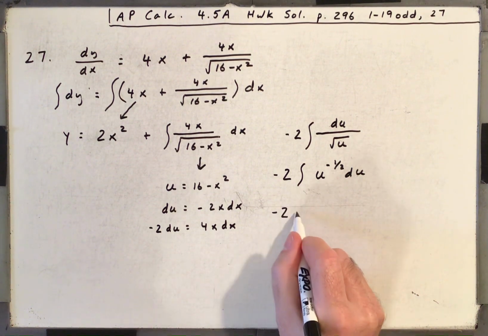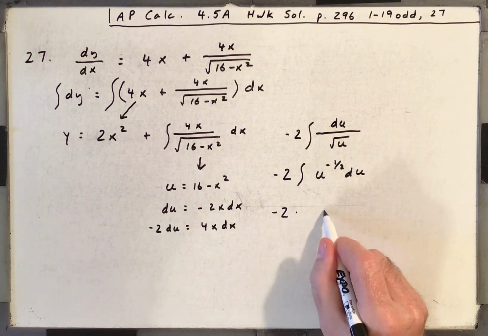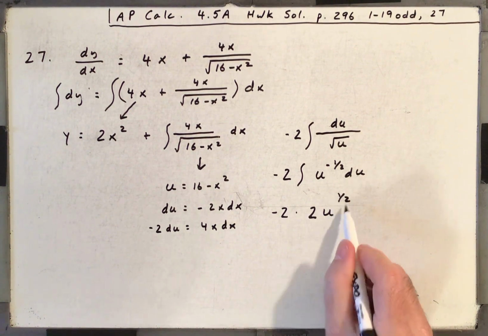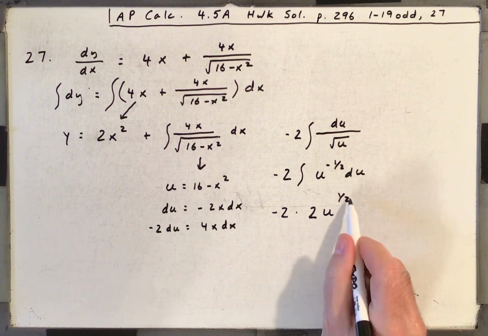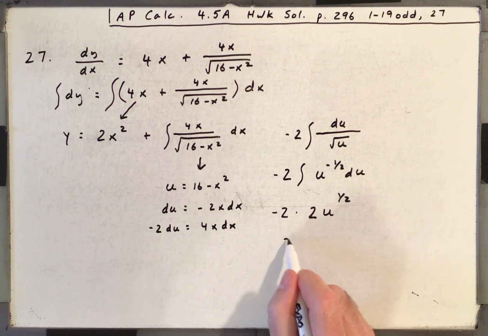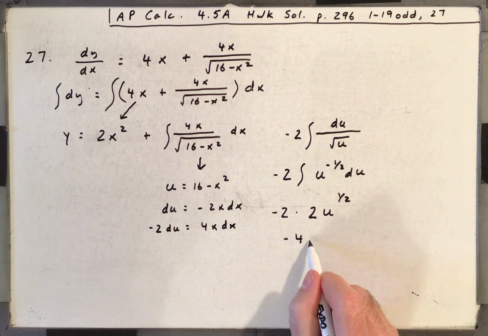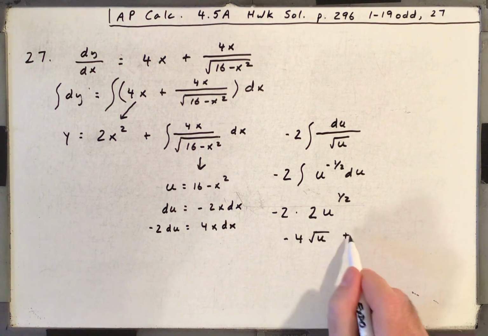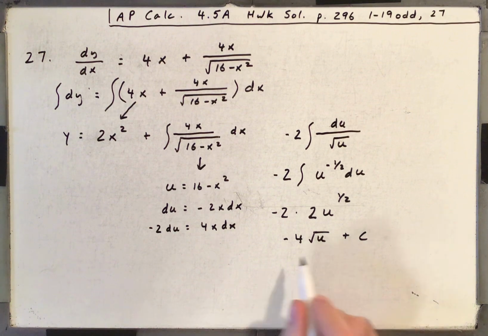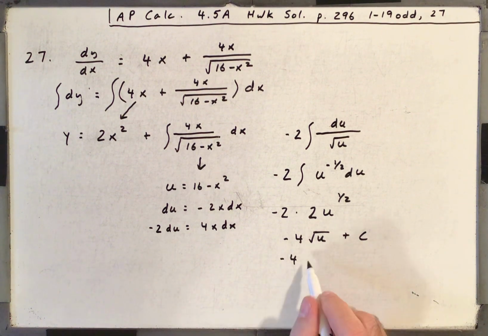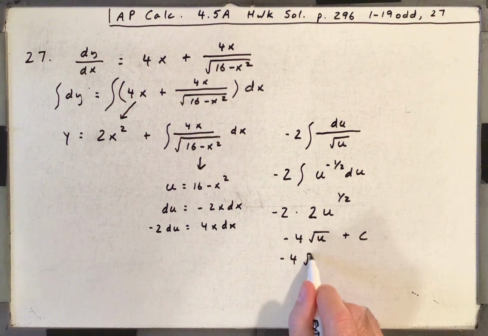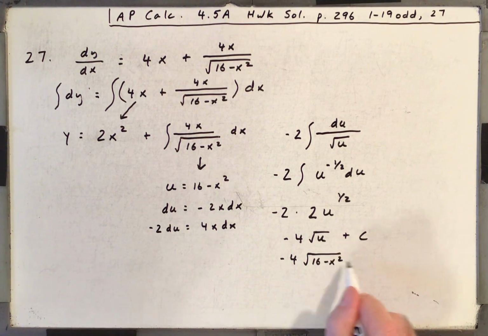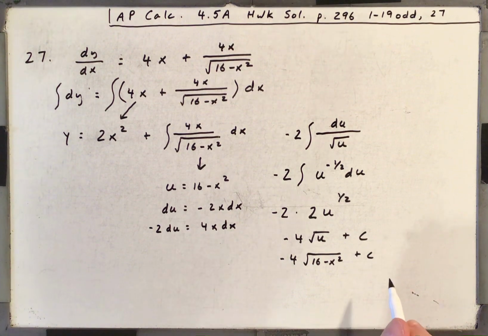So that's -2, got to be careful with that, u to the 1/2, but I need a 2 out front. 1/2 times 2 is 1, then subtract 1. So that's going to be -4 square root of u plus c. So putting the u back in terms of x, -4 times the square root of 16 minus x squared plus c.